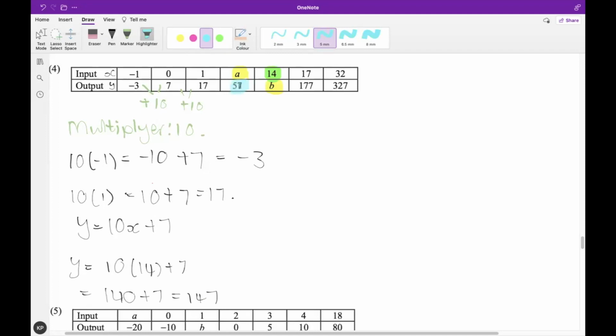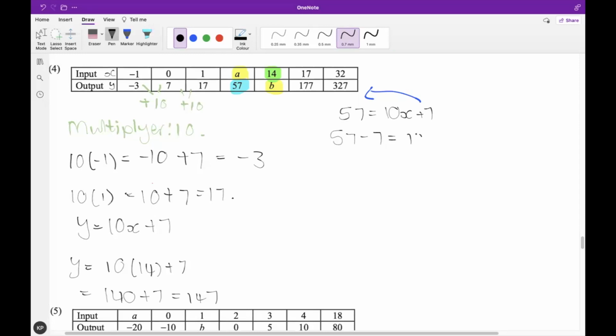Now we have 57. Is 57 my input or output? Where do I substitute it? Nice, Singani. Where do I substitute that 57? At my Y value. So then I'll say 57 is equal to 10x plus 7. How am I going to get rid of that plus 7? I'm going to take it over, first of all, and then it's going to become a minus 7. So then I have 57 minus 7 equals 10x.